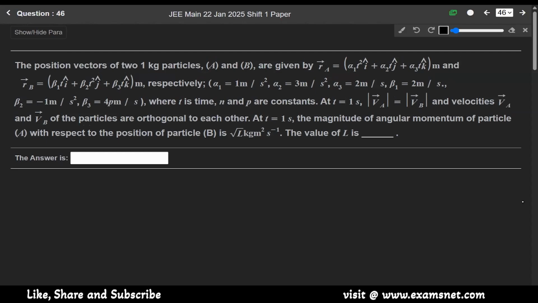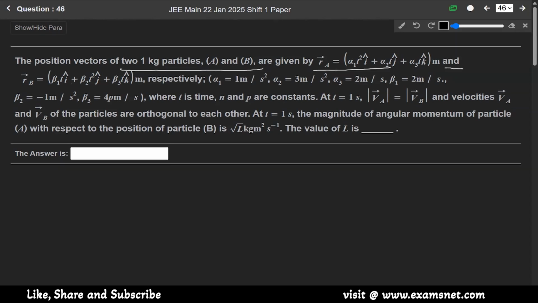Now the next question is question 46. The position vectors of two 1 kg particles A and B are given by RA and RB respectively. Alpha 1, alpha 2, alpha 3, beta 1, beta 2 and beta 3 are given, where T is time, n and p are constant. At T equals to 1 second, modulus of velocity of A will be equals to modulus of VB, and the velocities VA and VB of the particles are orthogonal to each other.